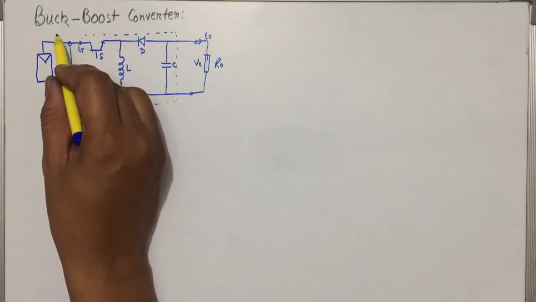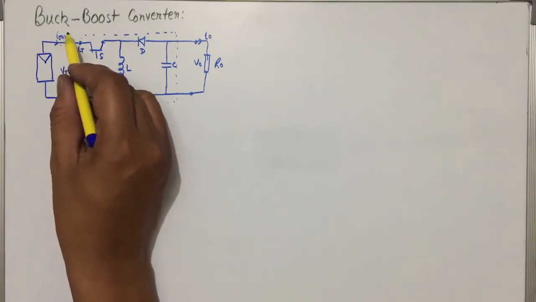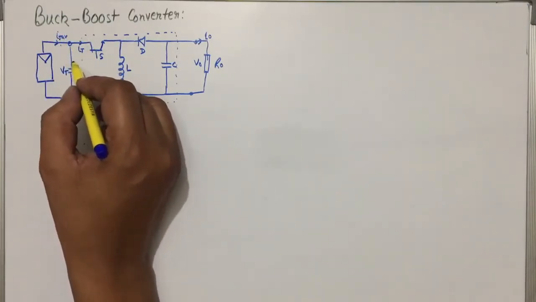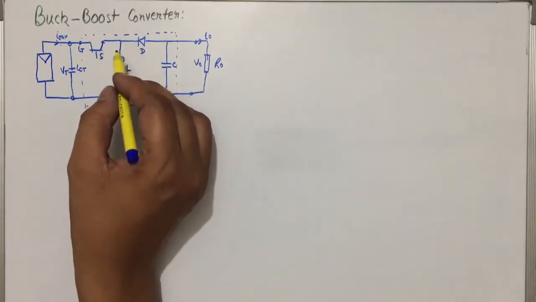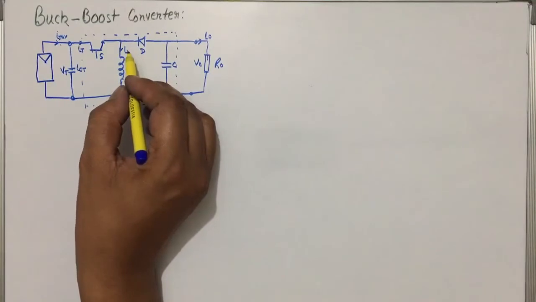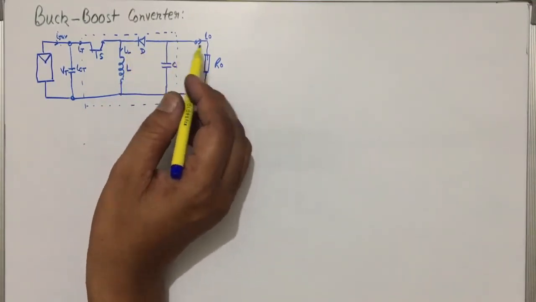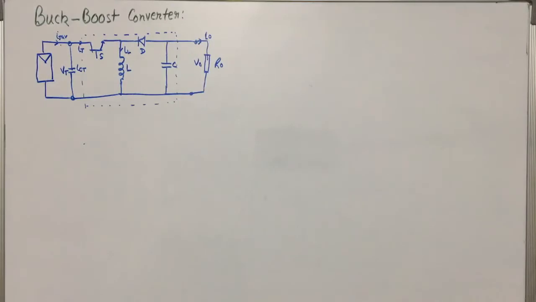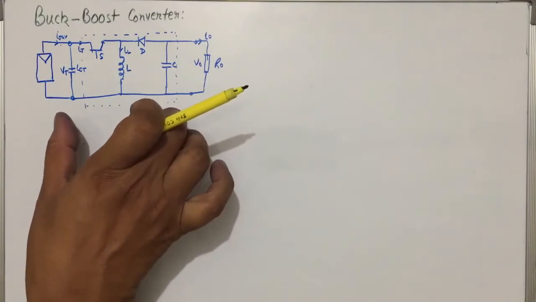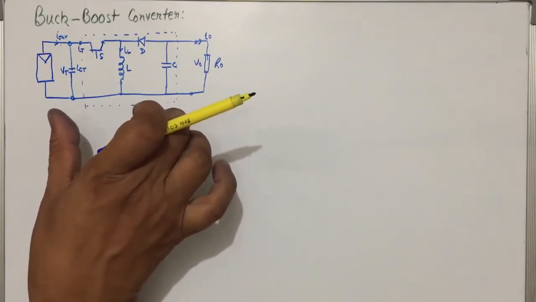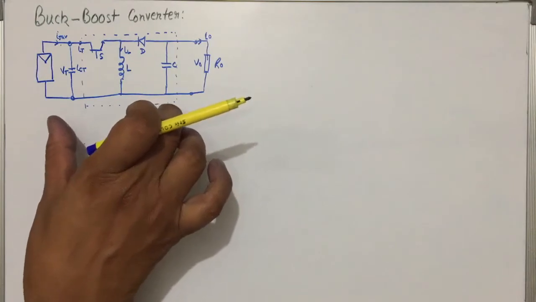Here we can say it is IT average, as part of the current will come here, and the current that is flowing from here ICT, we can say IL and IC and so on. Okay, this is the circuit that we can have in case of the solar panel connected to the load through the power interface unit, buck boost converter as power interface unit.